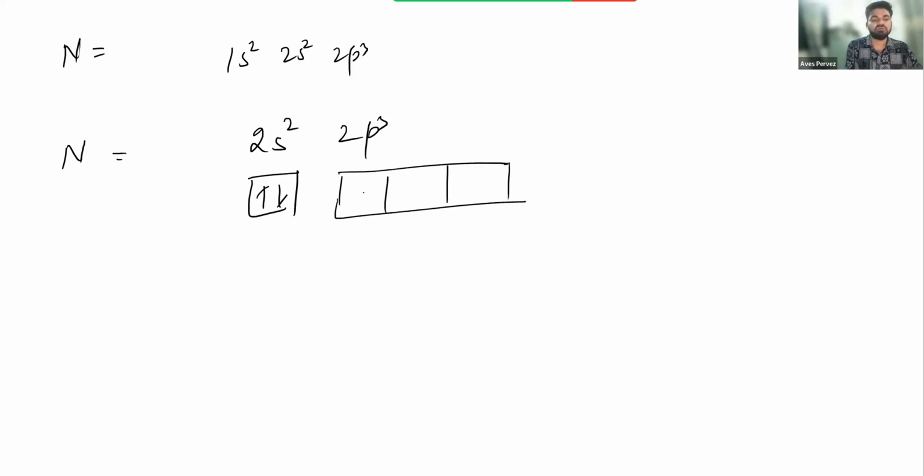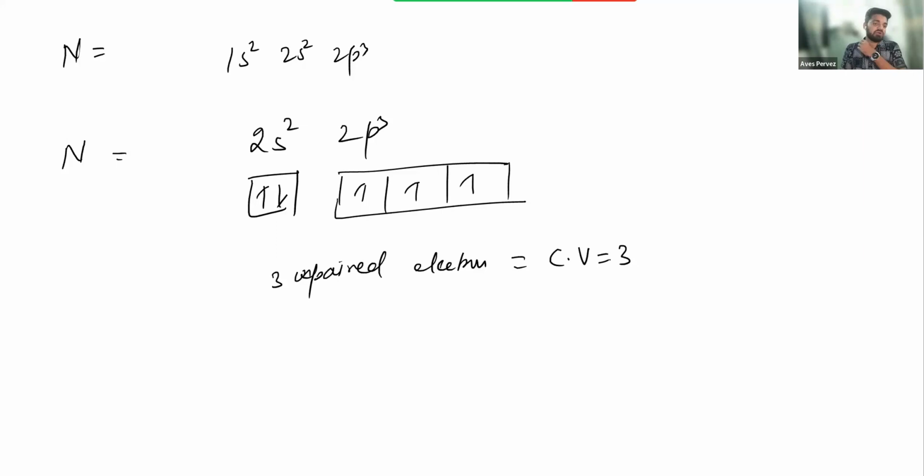This is 1, 2, and 3 unpaired electrons. And that is going to have covalency equal to 3. Understood? So nitrogen does not have any excited state. It cannot do any further shuffling.